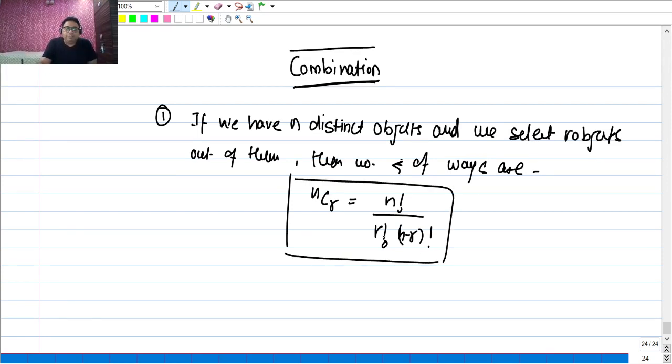N factorial upon R factorial n minus R factorial.